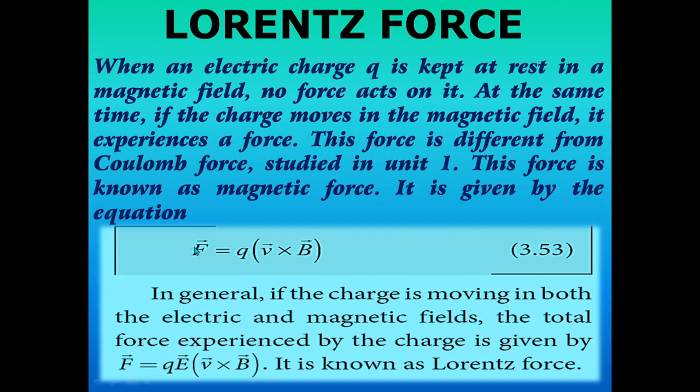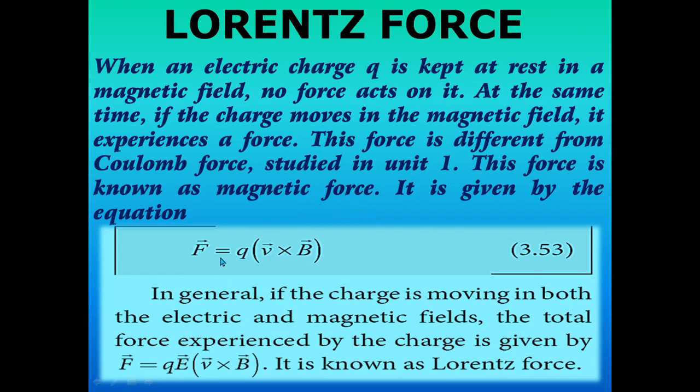Once again, when an electric charge Q is kept at rest in a magnetic field, no force acts on it. At the same time, if the charge moves in a magnetic field, it experiences a force. This force is known as magnetic force, because the charge experiences a magnetic force.